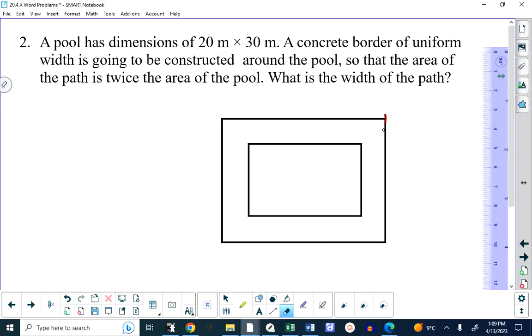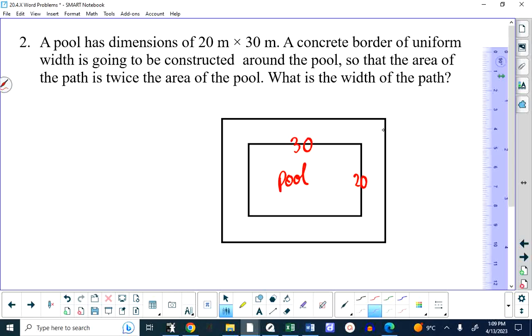Okay, so what do we know? We know that this length is 20, and this length is 30, and we also know that the distance between the edge of the pool, this is the pool of water, and the edge of the walkway, or whatever we want to call it, the border, is the same all the way around.